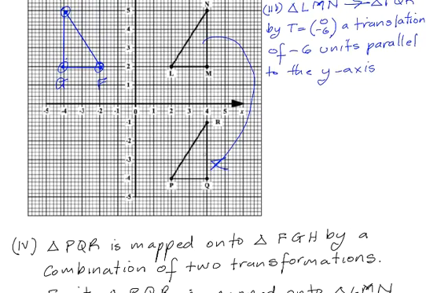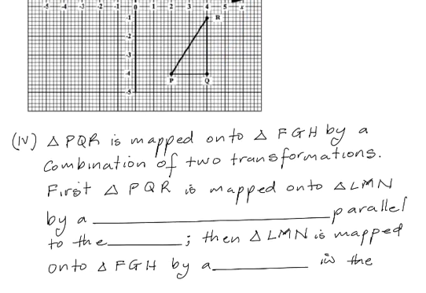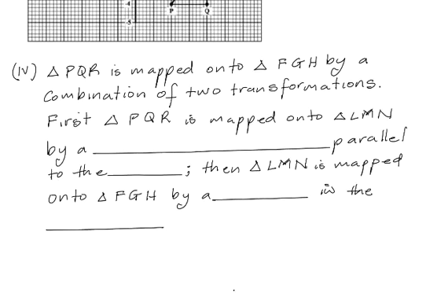Now we want the transformation that takes PQR back to LMN. In other words, what I want is the inverse transformation. If what we did to get LMN to PQR was move it 6 units down, then to get PQR back to LMN, we're going to move it 6 units up.